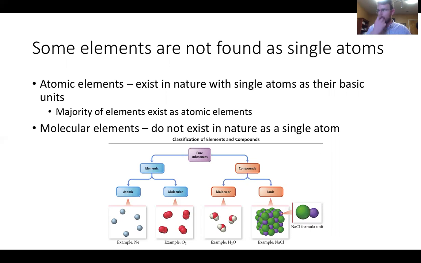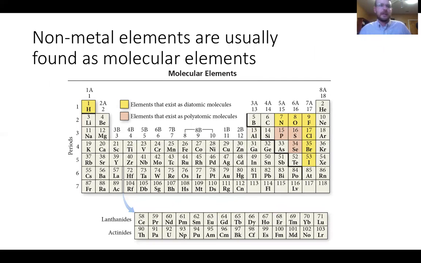And with the elements, you have atomic elements, the majority of the periodic table, like neon, sodium, magnesium, or molecular elements, things like oxygen, nitrogen, fluorine. Non-metal elements are usually found as molecular elements. And so we should be familiar with, hint, hint, nudge, nudge, the elements that exist as diatomic molecules.